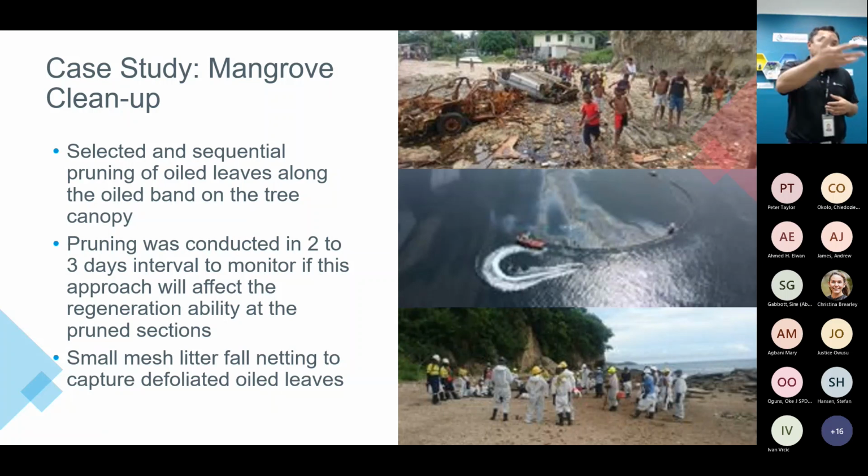At the same time, they did monitor the health of the mangrove. So after about 2 to 3 months, they noticed that the mangrove started regenerating again. So this is a good example, I would say, of doing monitoring and sampling of a mangrove that has been impacted by an oil spill.